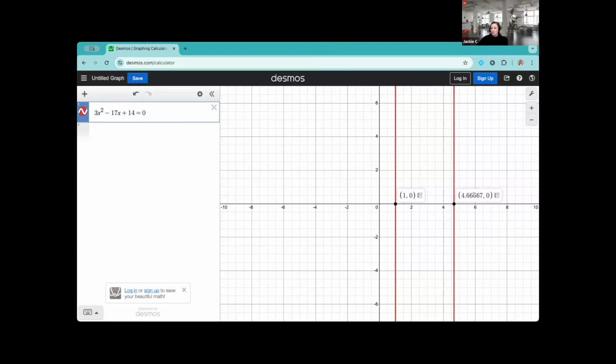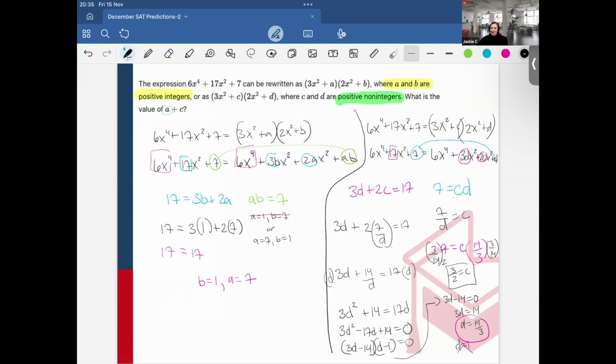And then this 4.66667, that's 14 thirds. So just a quicker way to do it. Okay, and then the final step, I am asked for a plus c, which would be 7 plus 3 halves.